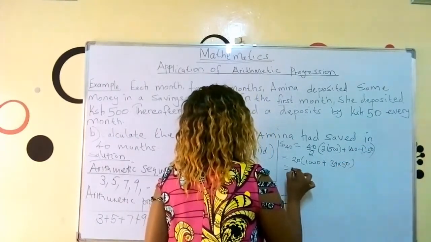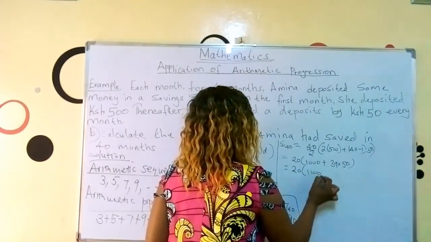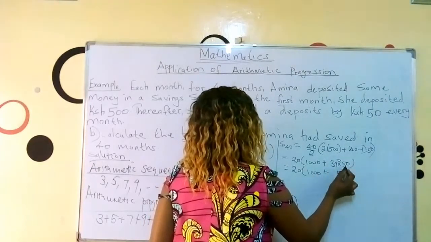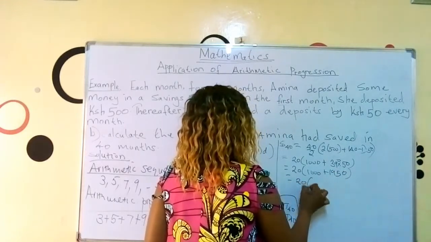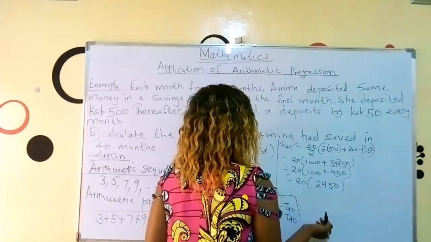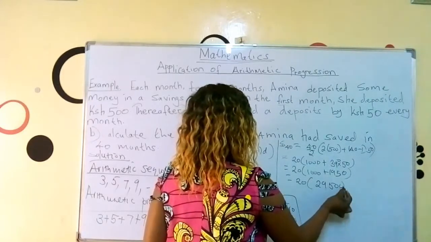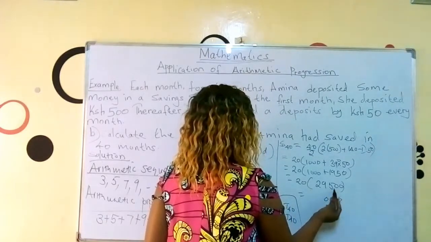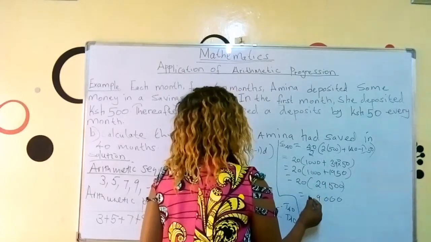What we have? This is 20 times 1,000 plus 1,950, which is 2,950. Then we multiply by 20. What shall we have? This is 59,000.